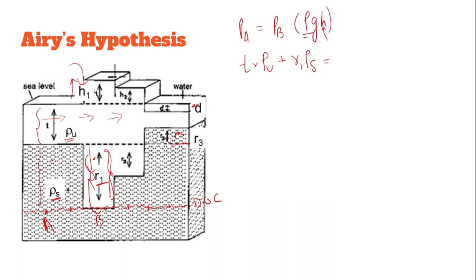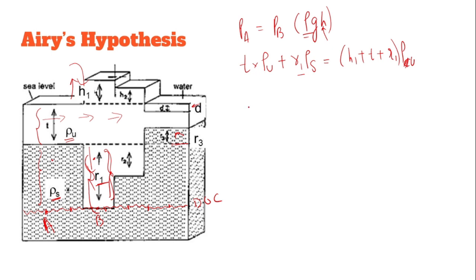This will be equated to the pressure at B, which is actually the total thickness of this crustal block, which is H1 plus T plus the root R1, and the density is altogether the same, of continental crust, or I can say rho u. Now I just have to equate these two things and solve to get the desired value of R1.